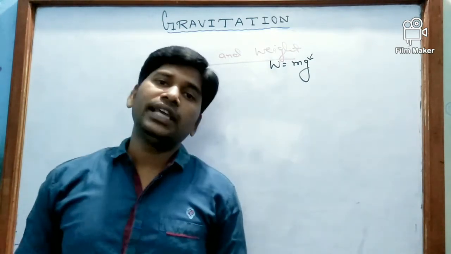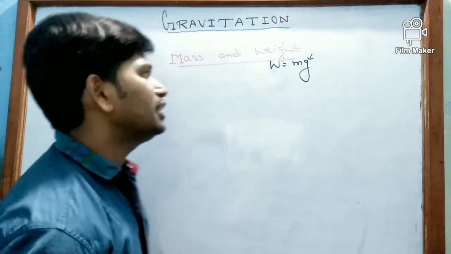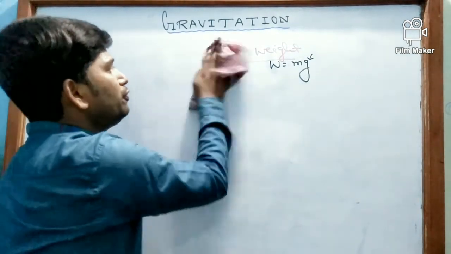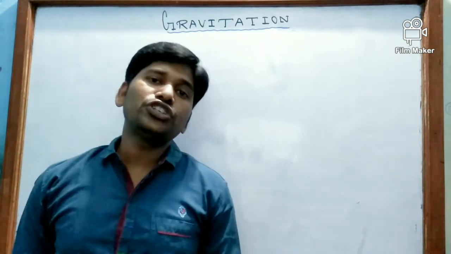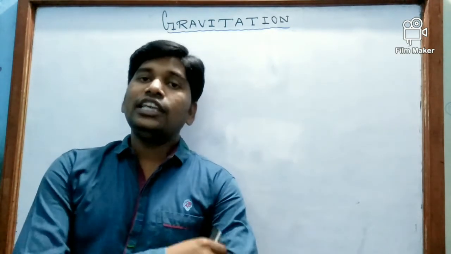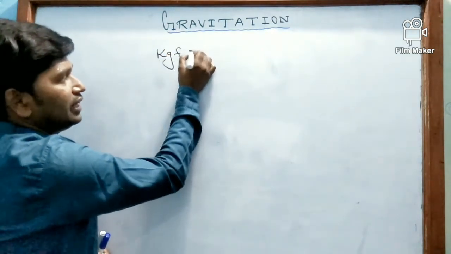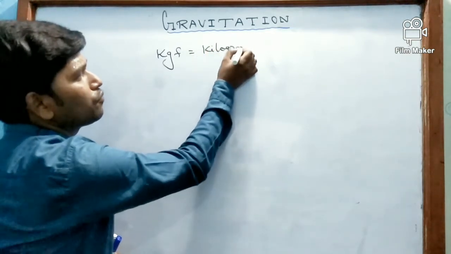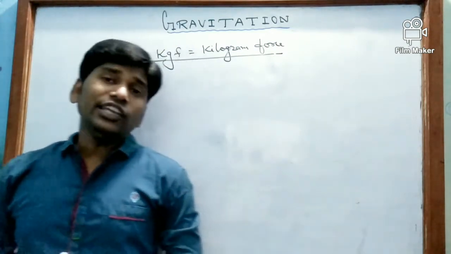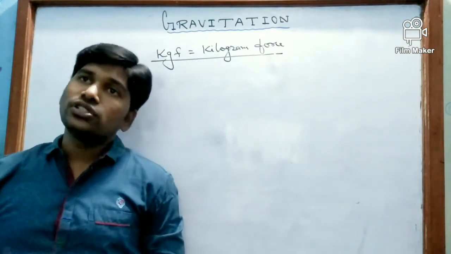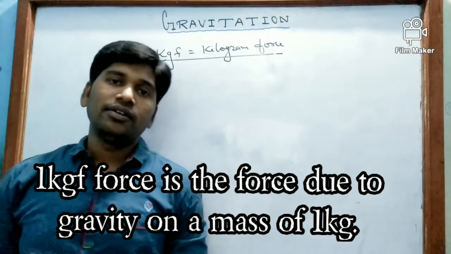One more term I am going to explain, that is the gravitational unit of force. What is the gravitational unit of force? In the MKS system, the gravitational unit of force is kilogram force, which we write as kgf. What is this? 1 kilogram force is the force due to gravity on a mass of 1 kg.